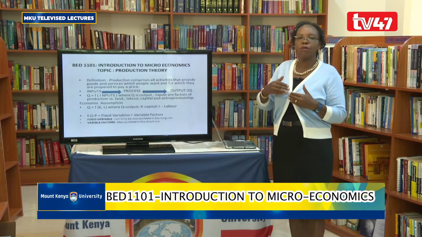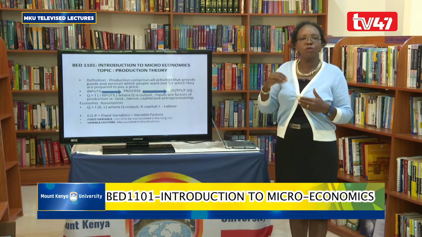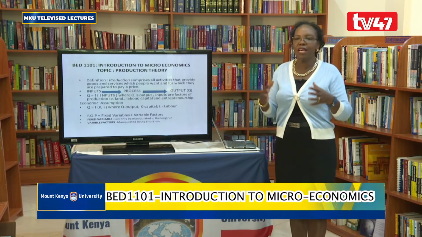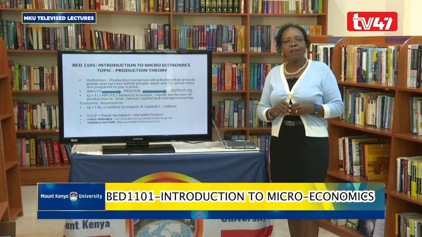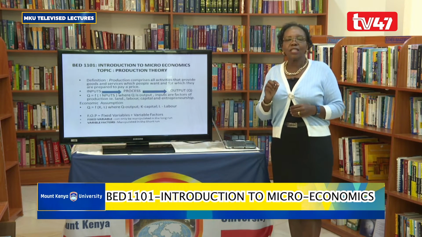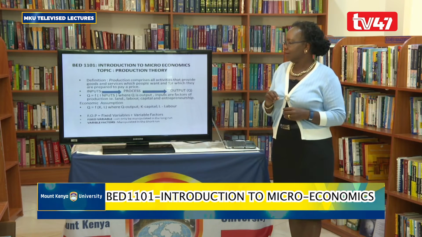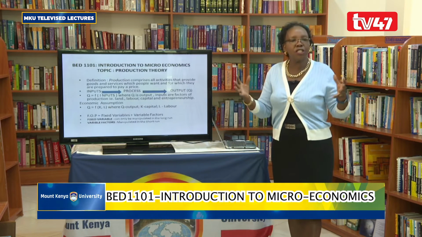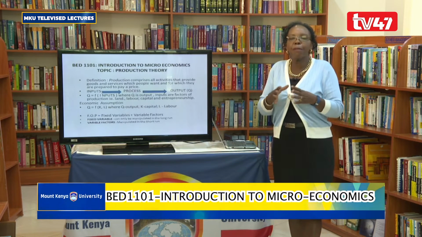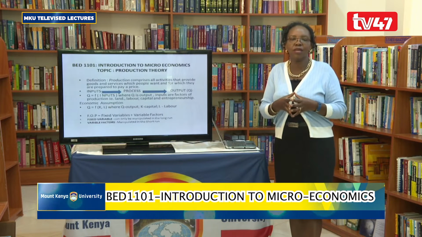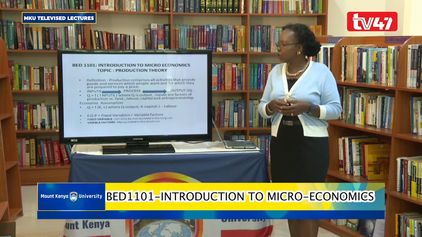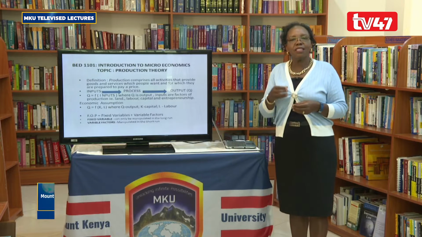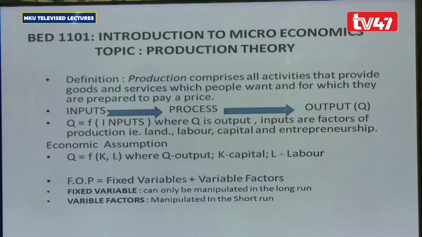You can plant, you can build houses, you can do so many other things on land. And therefore, land determines the kind of commercial activities that people in that area are likely to engage in. Land also determines the kind of endowment that every country and every economy is likely to engage in.